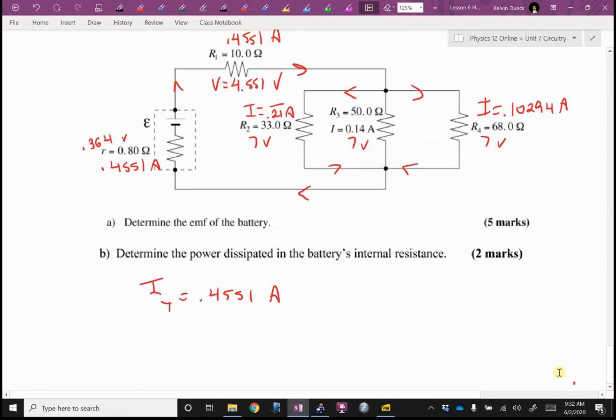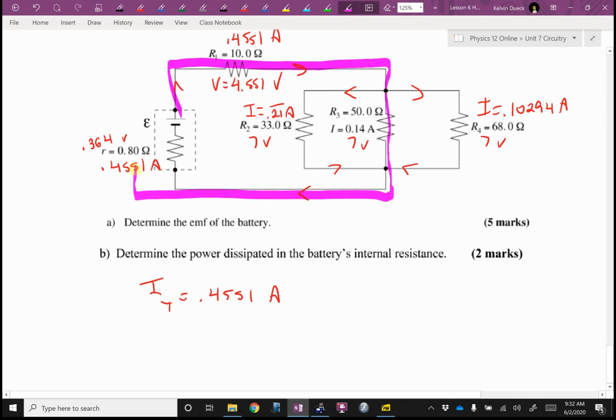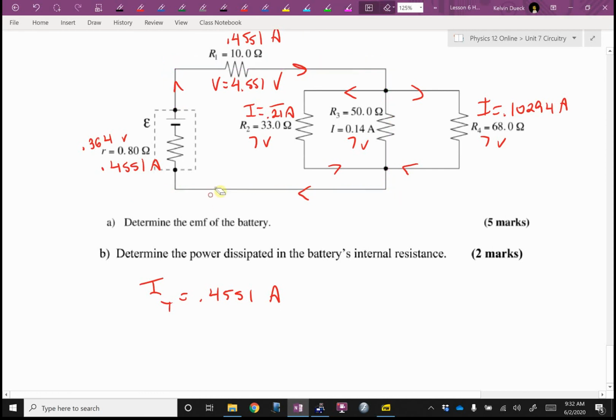So this source voltage, this EMF, has to provide 4.551 volts, 7 volts, and 0.364 volts. I'm reading the wrong number. Okay? Let me say that again. This EMF is outputting that and those, but we only take one of them, and that voltage.